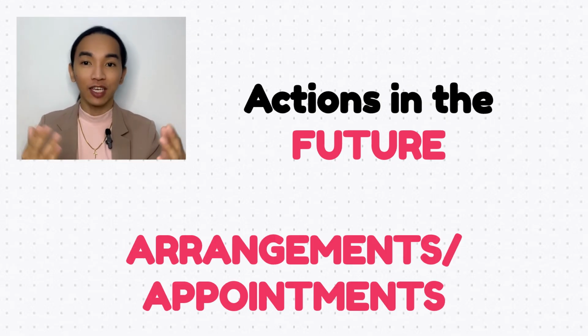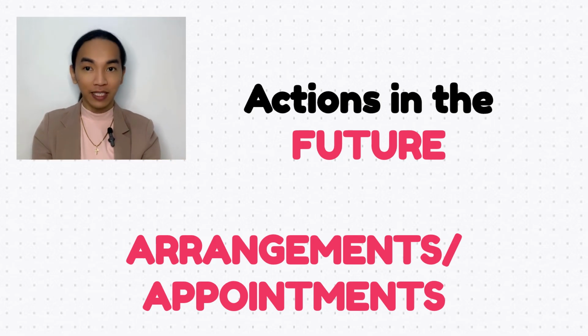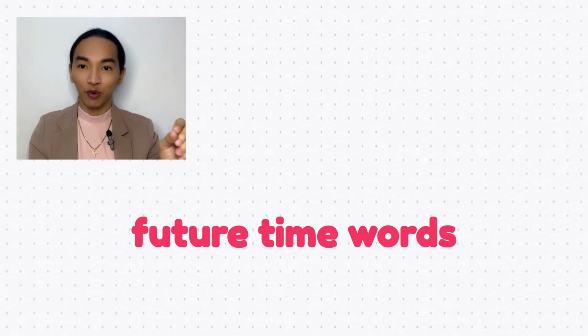If the action is going to happen in the future and you are definite or you are sure that it is going to happen, then you can use the present continuous tense. But you have to remember, you need to put a future time expression with your sentence to consider it a future action. So let's take a look at or give some examples for this usage.